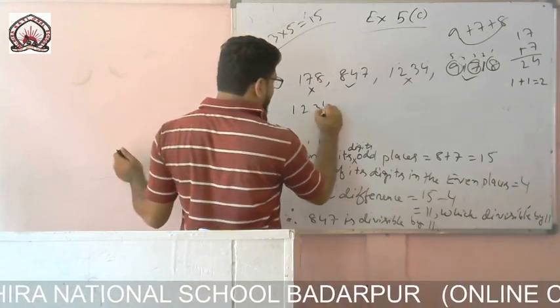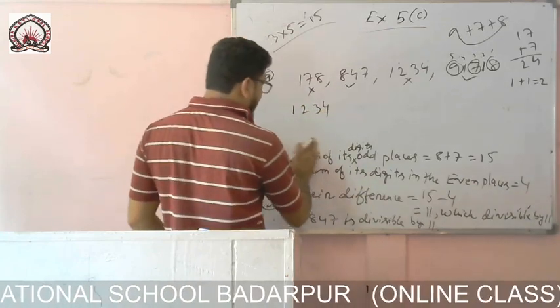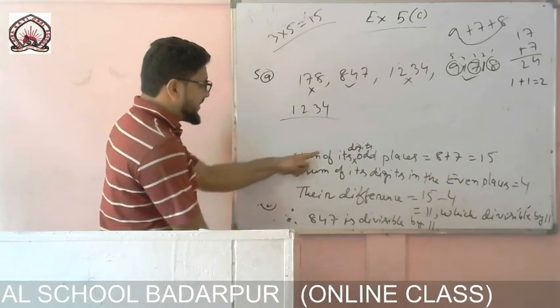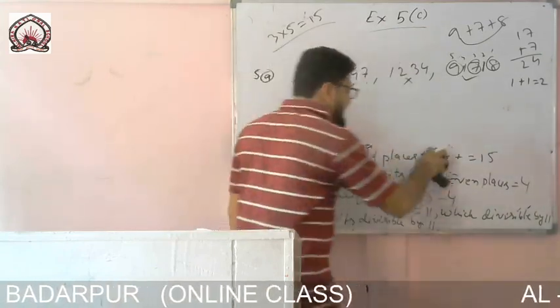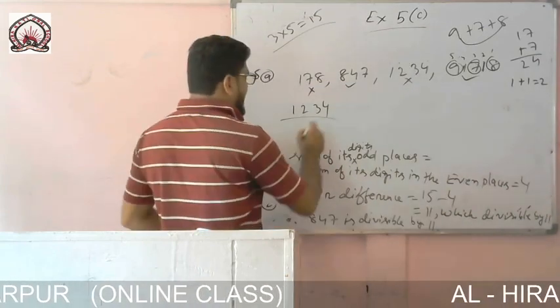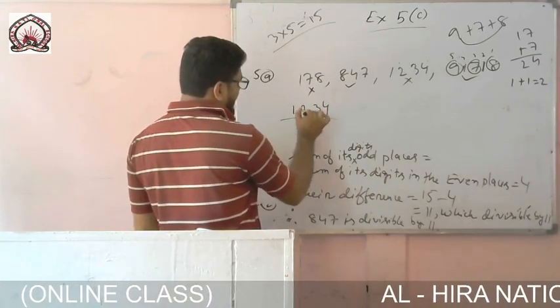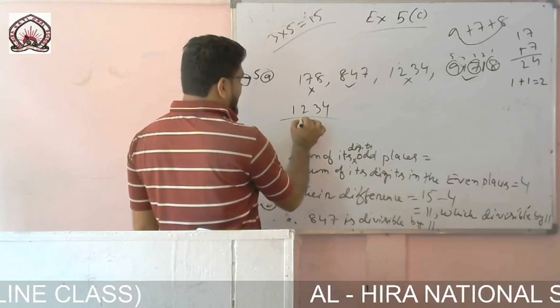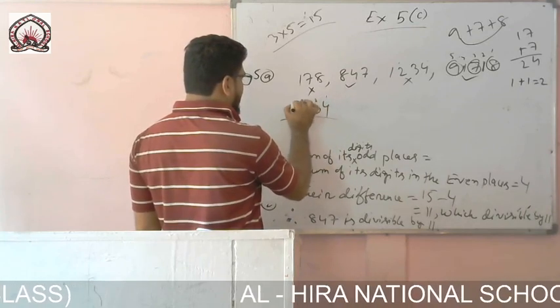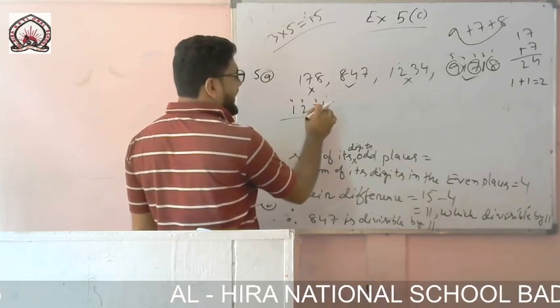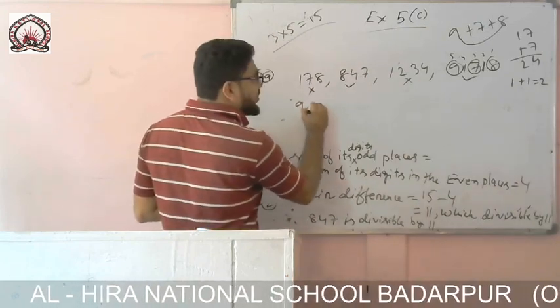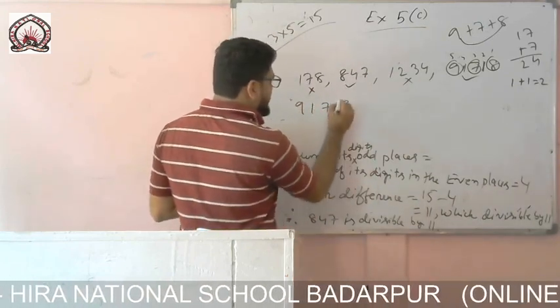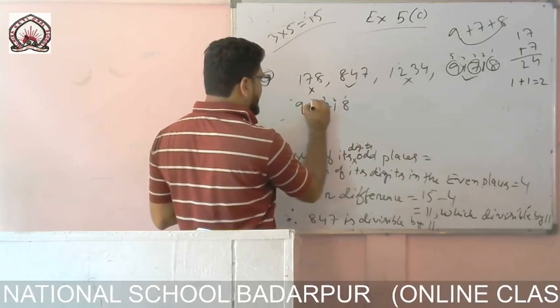Sorry, this one is divisible: 91718. So 1 2 3 4 5.